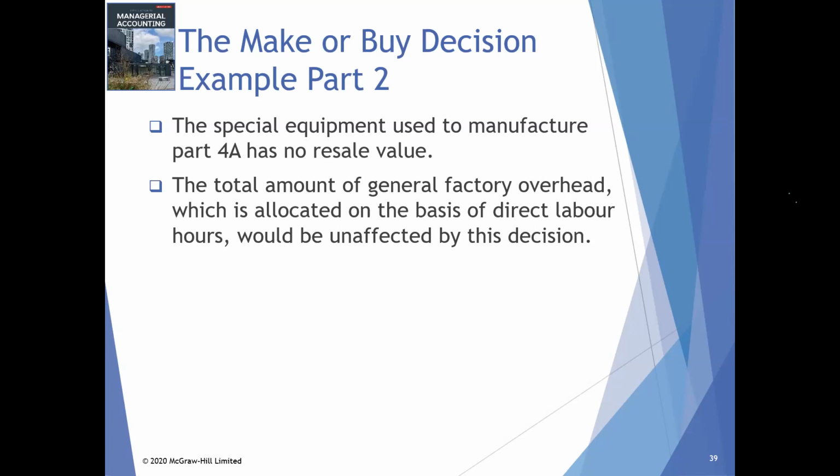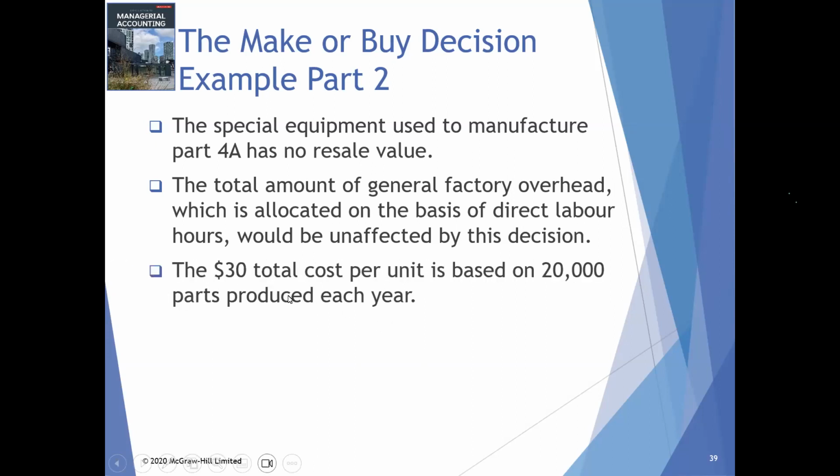Irrespective of the decision whether to buy or make. The $30 total cost per unit is based upon the 20,000 parts produced every year. So this is one more piece of information: 20,000 units produced every year with a cost of $30 each.